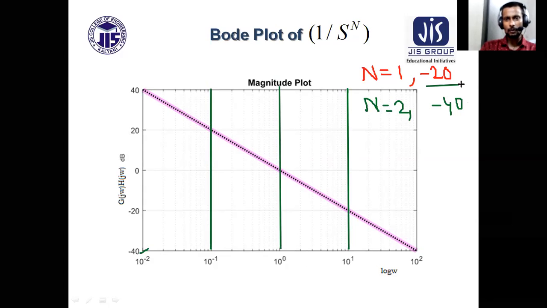For n equals 1, the slope will be minus 20 dB per decade, which means in 1 decade the magnitude is reduced by 20 dB. So a 20 dB reduction is there in one decade. That is why it is termed as minus 20 dB per decade slope.